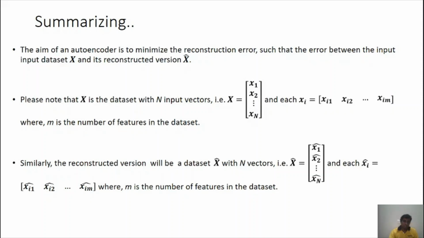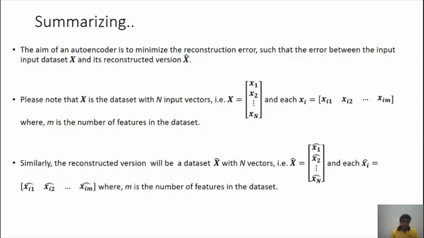So the purpose of the learning algorithm which you will be using, it could be any learning algorithm. You could use Adam, you could use Levenberg-Marquardt, you could use gradient descent with momentum, you could use SCG, you could use any learning algorithm with this.